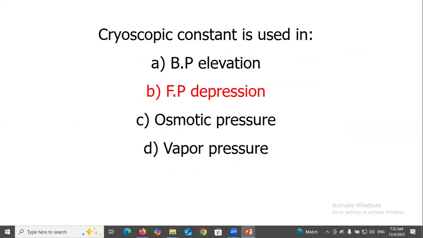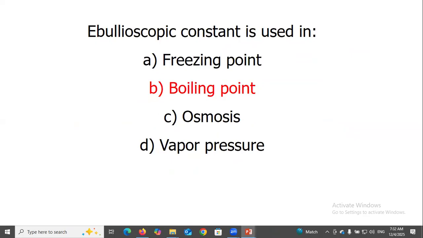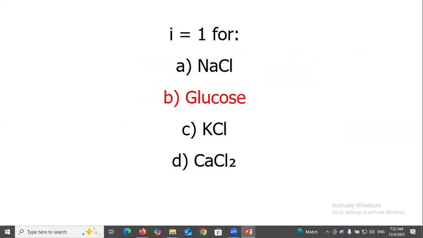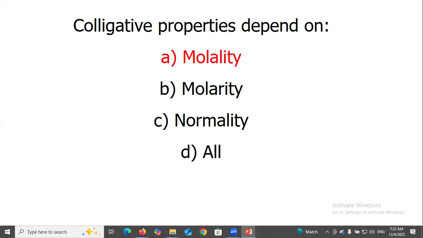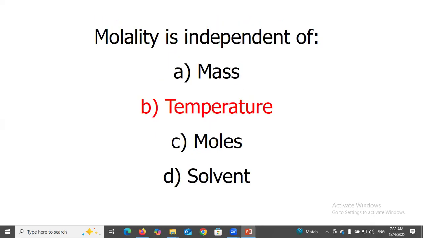The ebullioscopic constant is used for boiling point. Van't Hoff factor i equal to 1 for glucose, a non-electrolyte. Colligative properties depend on molarity. Molarity is independent of temperature.